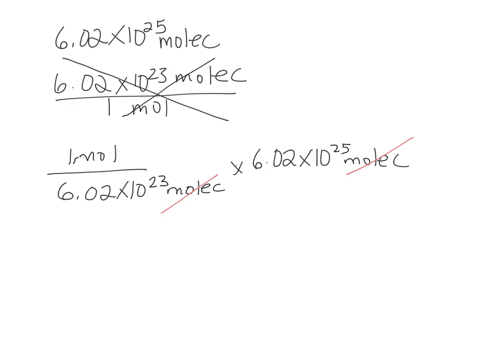So in your calculator, whatever's on the top, you multiply. Whatever's on the bottom, you divide. So you would do 1 times 6.02 times 10 to the 25 divided by 6.02 times 10 to the 23. And guess what your answer is? 100.